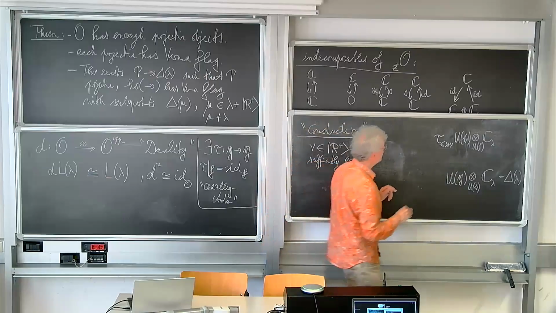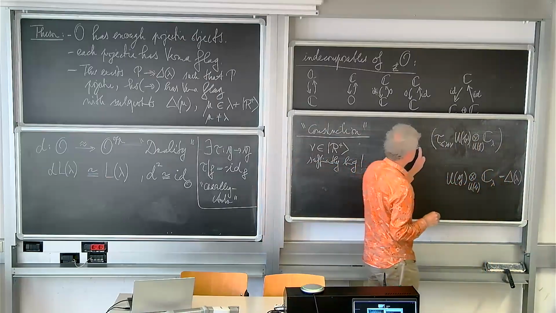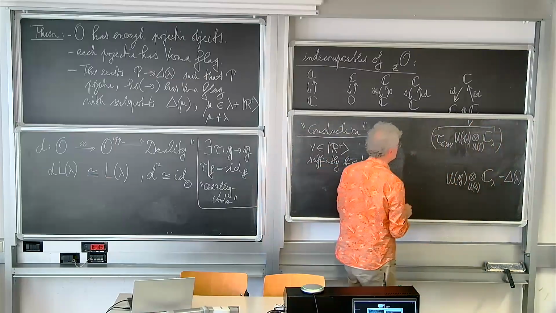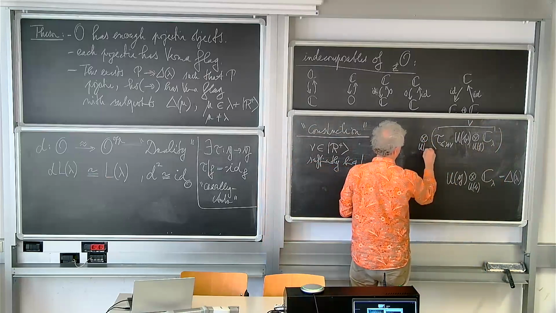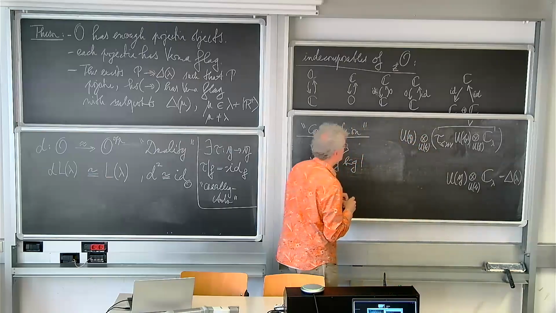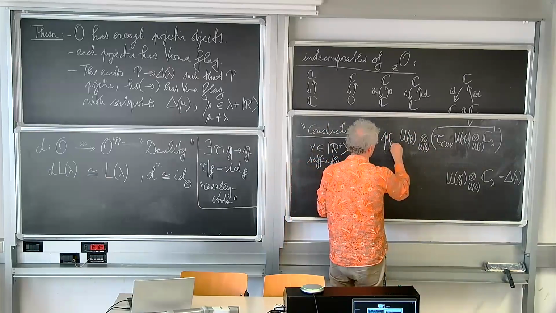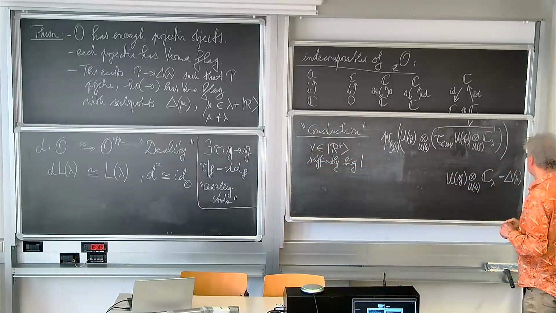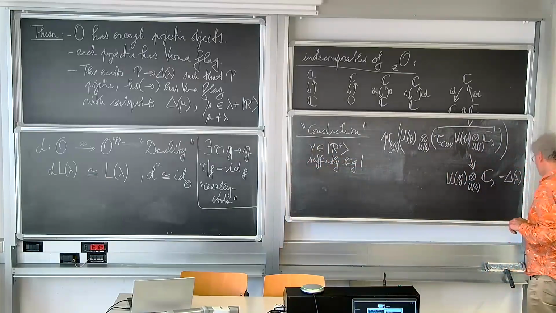Then this guy, you see, is a finite dimensional module of the Borel. And then we induce it up again, U(b). And then we project onto the central character of λ. And then this naturally goes down here.